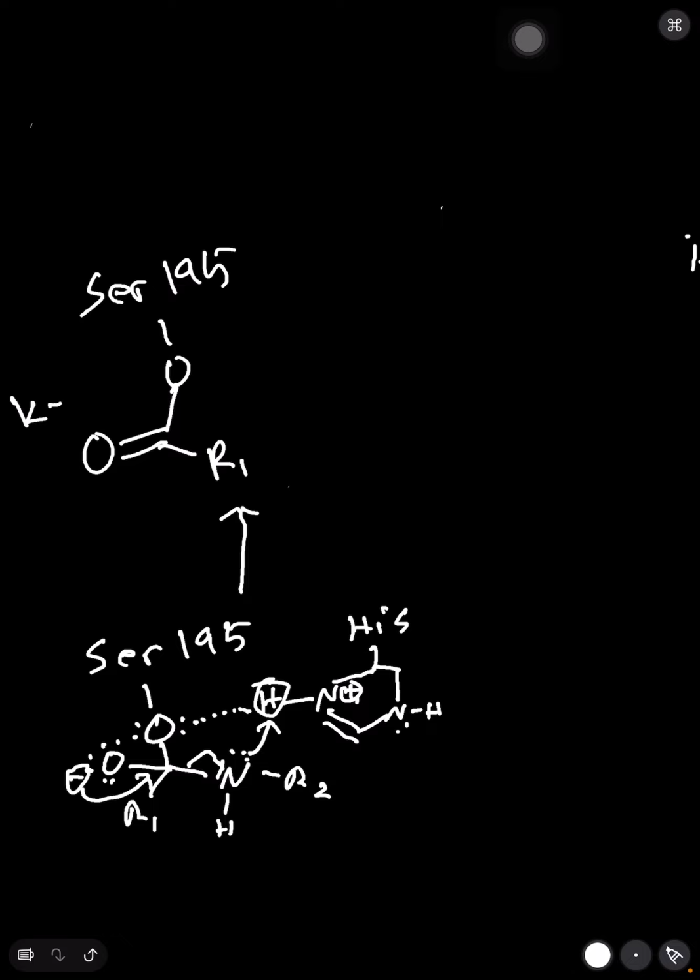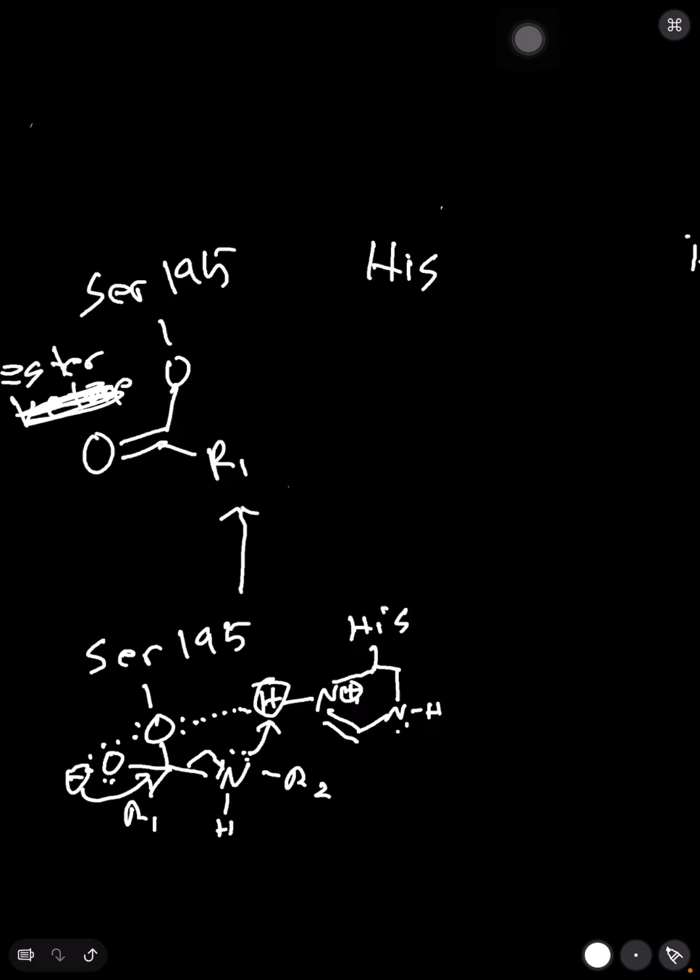So this is a ketone. No, excuse me, not a ketone, that's an ester. Sorry, my bad. So, at the end of that step, serine 185 has formed an ester with the carbonyl group of your peptide. All right?